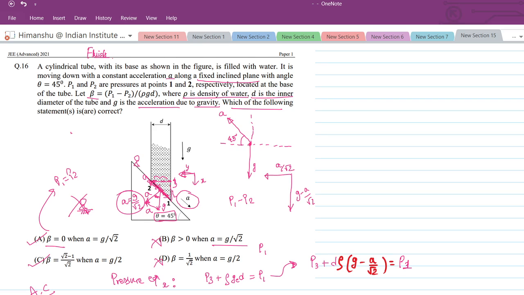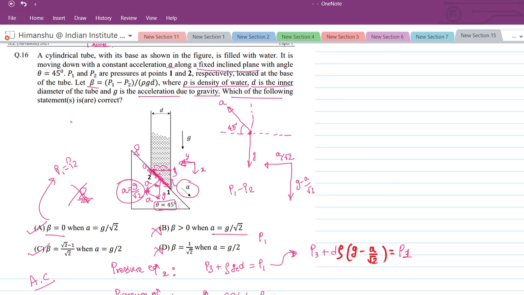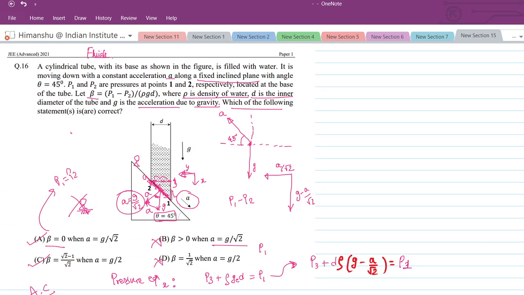But for the second case, it would be very difficult to solve. Suppose this is the liquid surface at the top. This will be theta, which the liquid is making with the horizontal, and this is g. a would still be acting at 45 degrees.